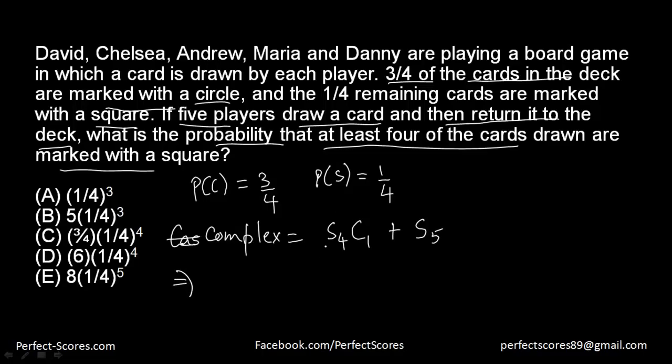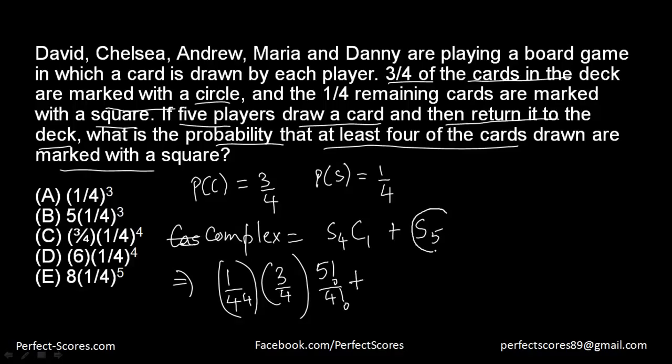S is coming 4 times, so 1 by 4 raised to the power 4 into circle coming once, which is 3 by 4. Now I have to take care of the arrangement also. In how many ways can 4 S's and 1 C arrange? It's 5 factorial by 4 factorial, plus this is simple, which is 1 by 4 to the power 5, right?